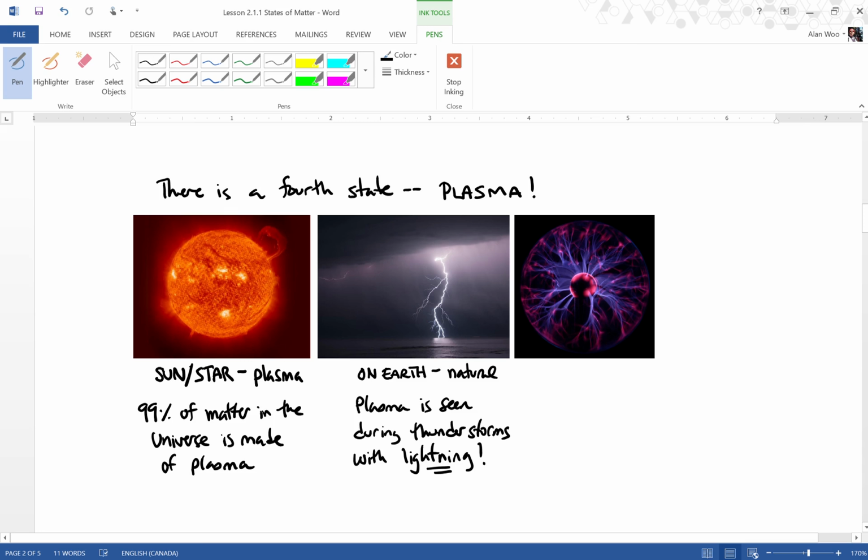That is our natural source of plasma. We can also make an artificial source of plasma, and that's in a plasma ball.